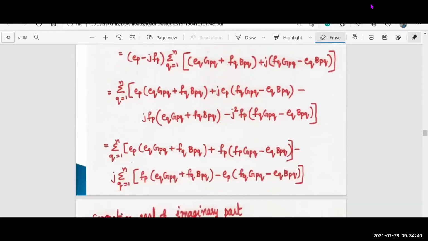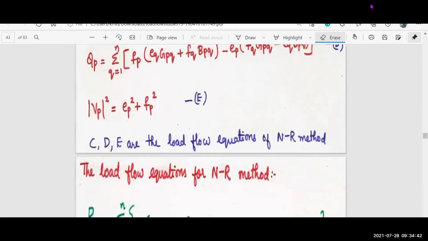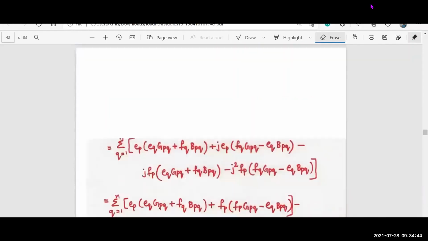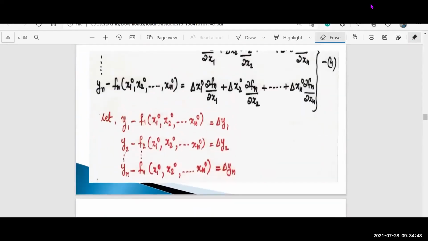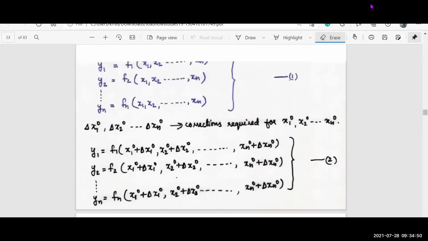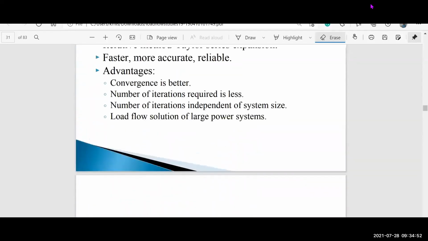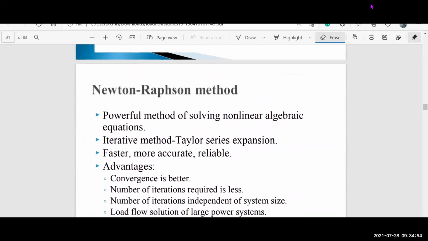Okay, we'll come into this segment. Let's see now a few more conceptual things that will be helpful for you in the power system.